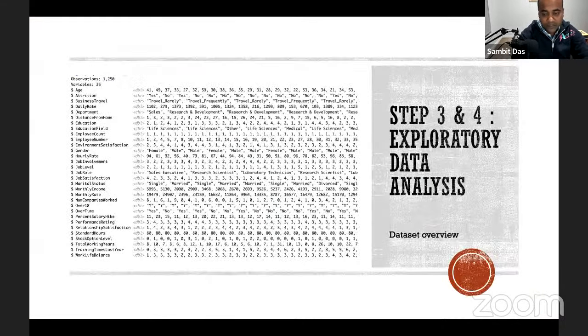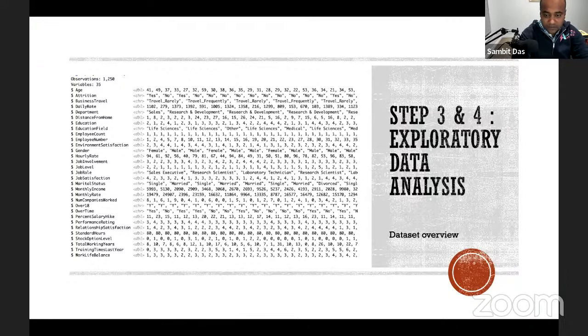Now we'll get slowly into the data part, and then the analysis and modeling work. As we have a look on the slide, this is the IBM attrition data set. If you do a Google search, you will be able to find this data set.